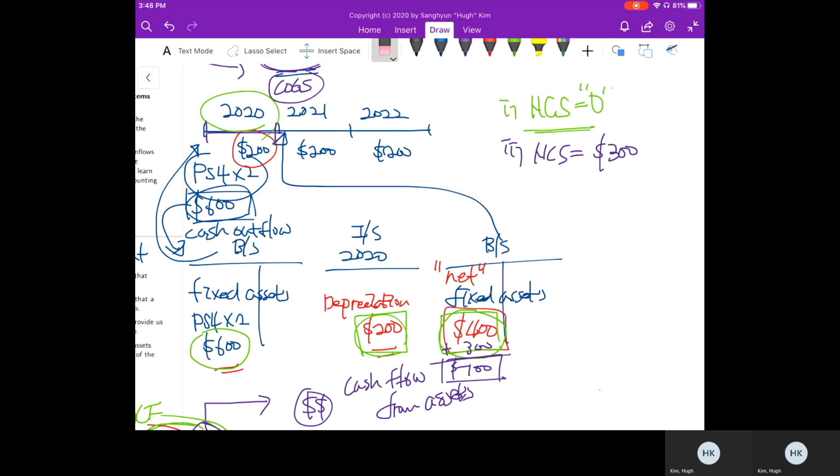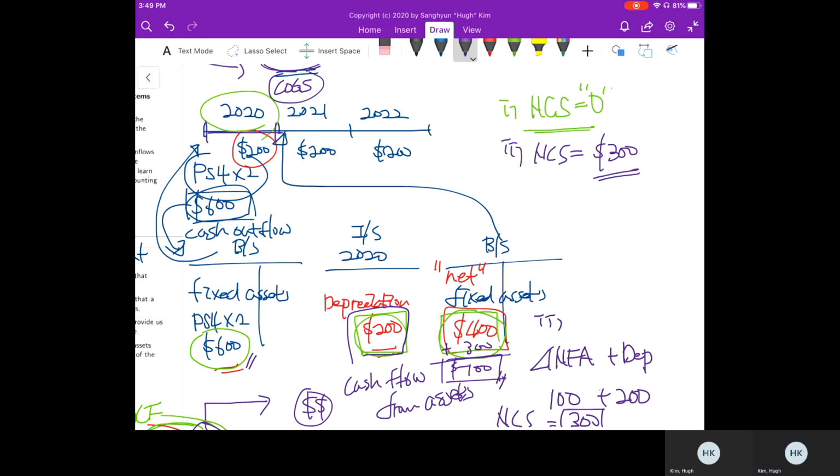In the second case, the change in net fixed assets is 700 minus 600, so positive $100. So if we add back depreciation, your net capital spending is going to be $300, which is this. Okay.